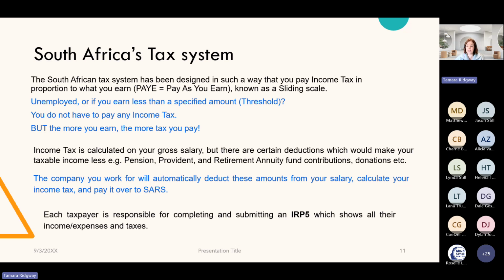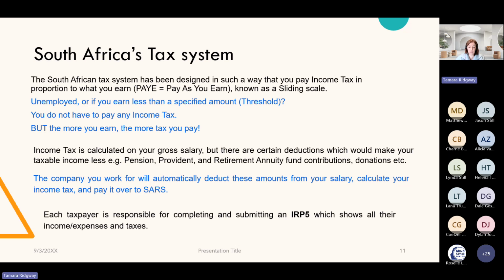Income tax is calculated on your gross salary, but there are certain deductions which would make your taxable income less. I'm just introducing this concept and getting students familiar with all the different vocabulary words that are really going to be thrown around.